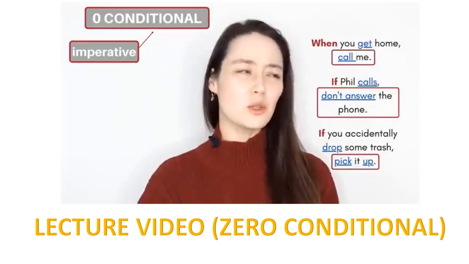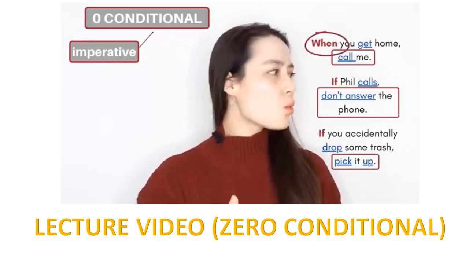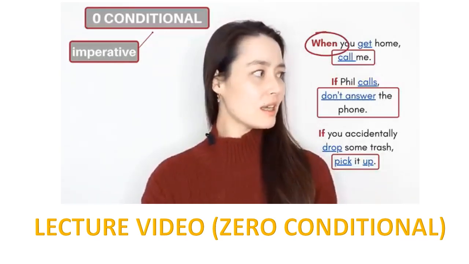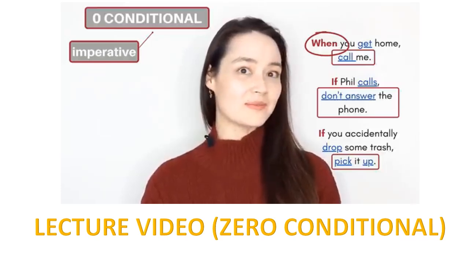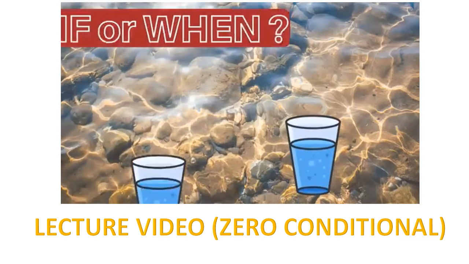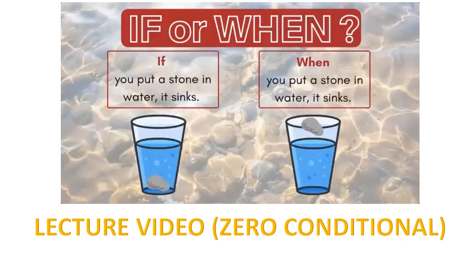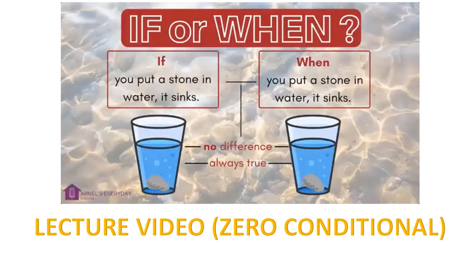But here, I'm using when. When you get home, call me. So what's the difference between if and when? If you put a stone in water, it sinks. When you put a stone in water, it sinks. There is no difference in meaning because this is always true. But sometimes there is a difference.